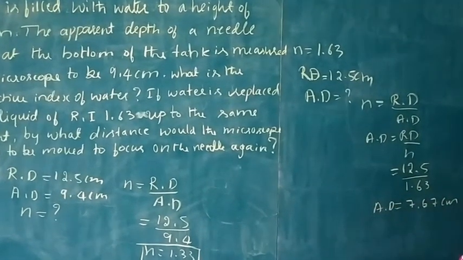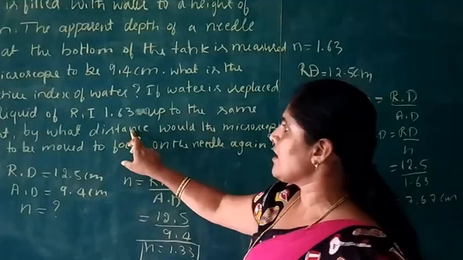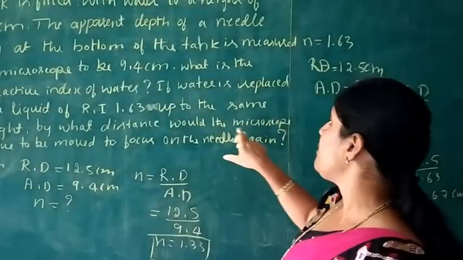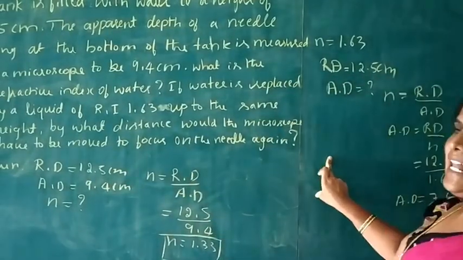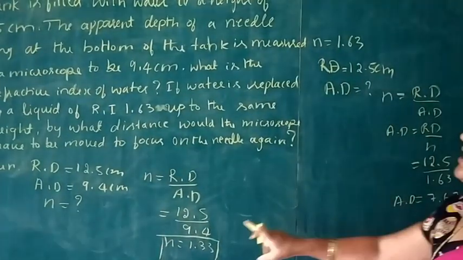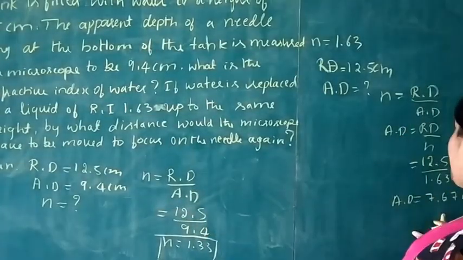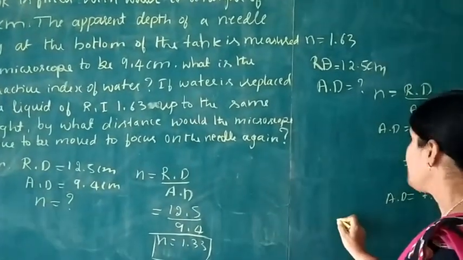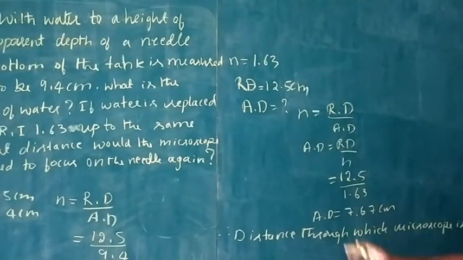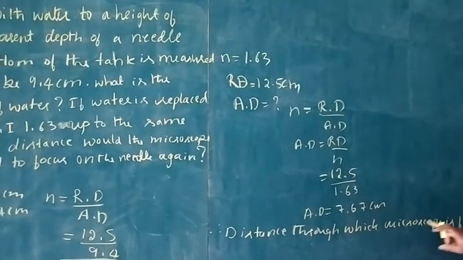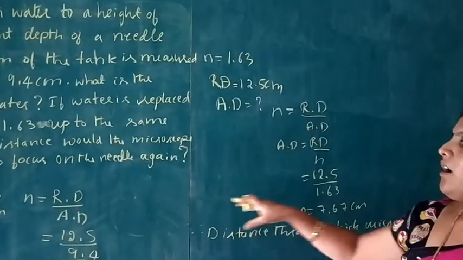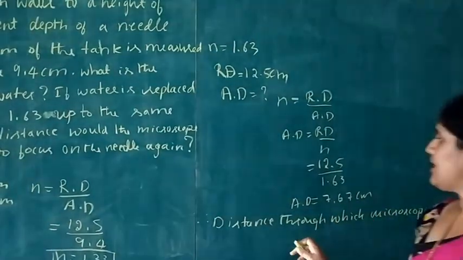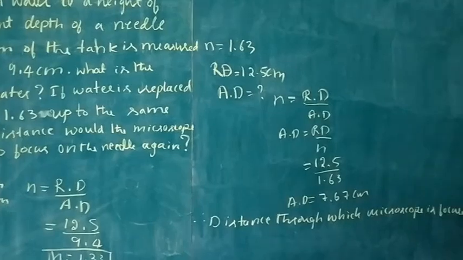But we want to calculate the distance. At what distance would the microscope have to be moved to focus on the needle again? That means the difference between these two apparent depths. So the distance through which the microscope is moved is the difference between the two apparent depths.